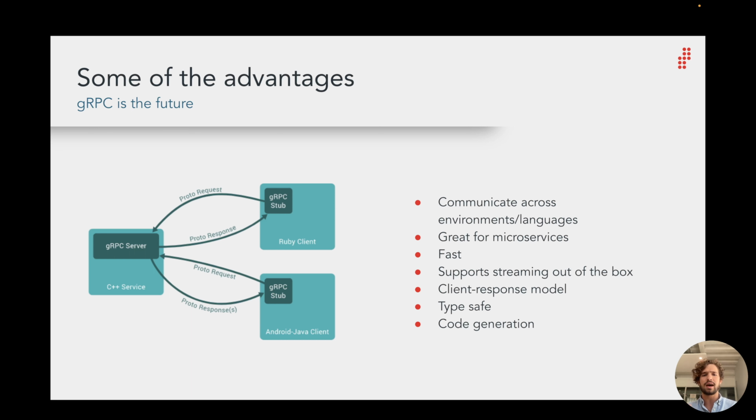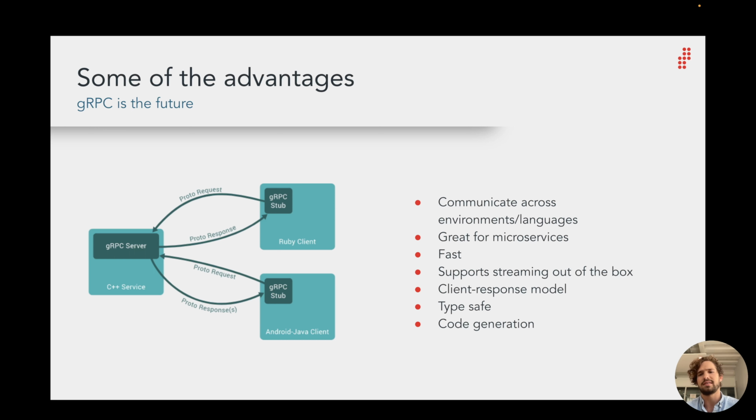It follows a client response model instead of a request response model, which is what your typical REST framework would follow. And it is this client response model that enables the calling of functions in a way that feels very local. And yeah, it's type safe, and protocol buffers enable code generation in the creation of gRPC servers, which allows us to build them out really quickly.